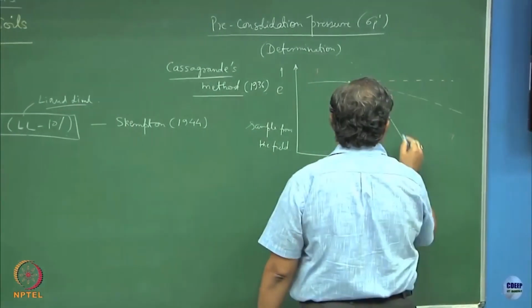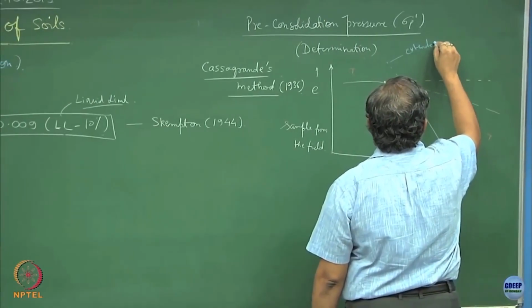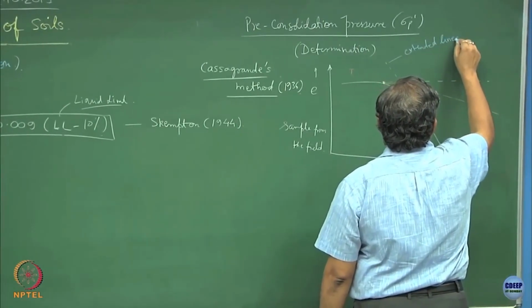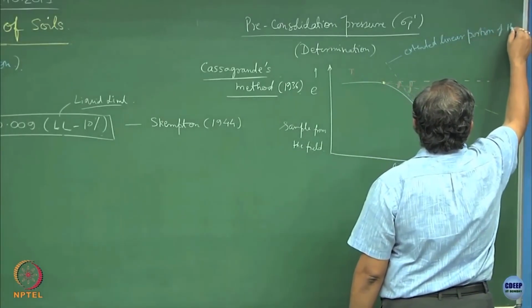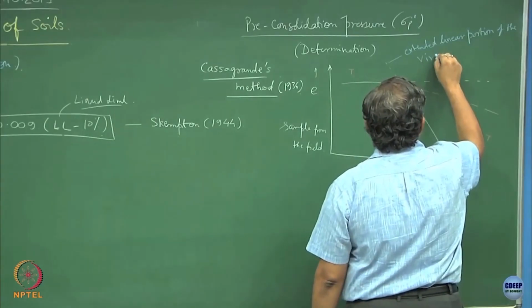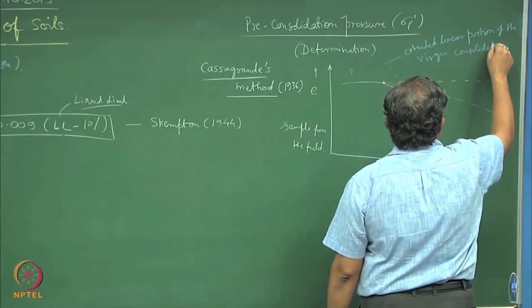So, this is the extended linear portion of the virgin consolidation curve.